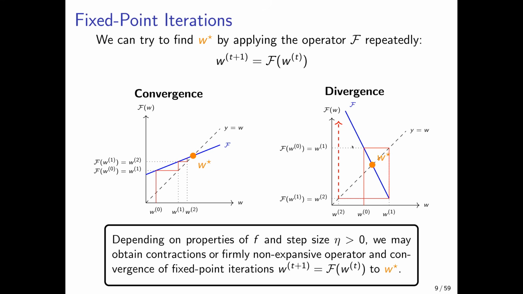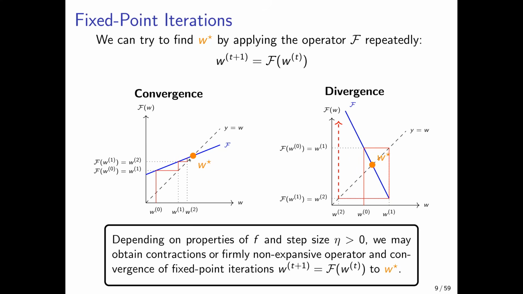And here we are seeing two examples. On the left-hand side, we have a very simple linear function given by this blue graph. Let's start with some initial value w0. Then we apply f for the first iteration to get w1, and then w1 we take as the input for the next iteration to get w2, and so on.